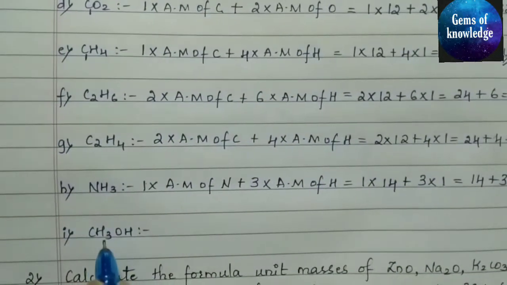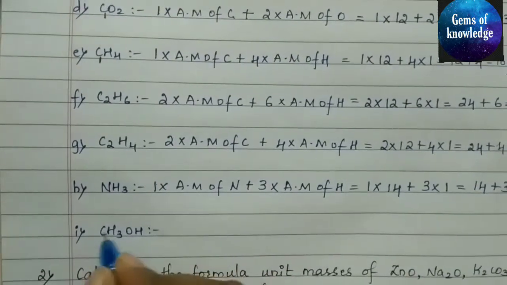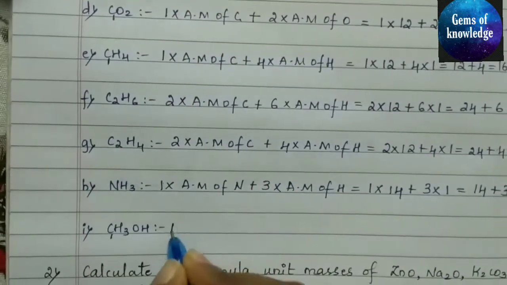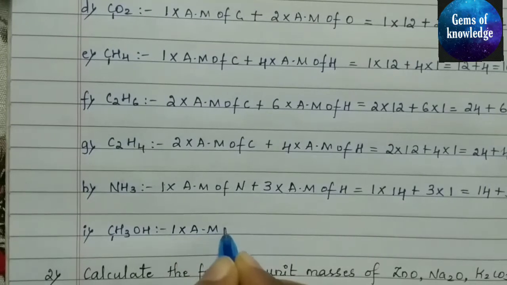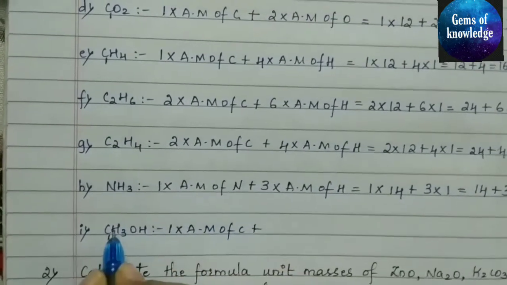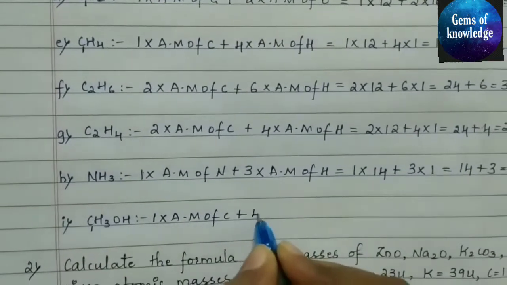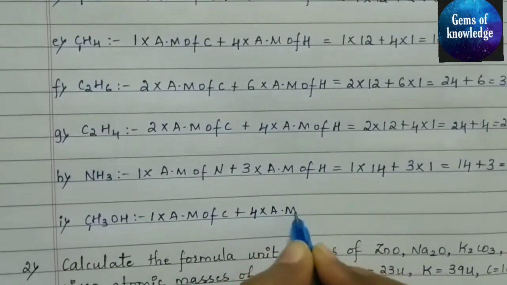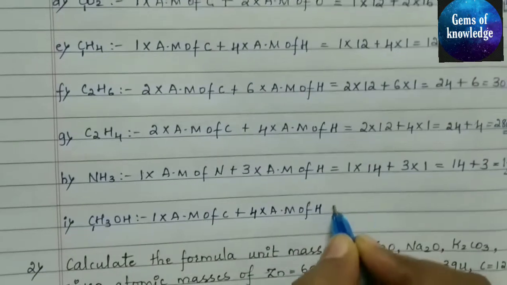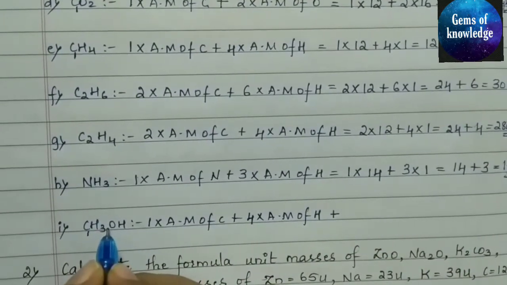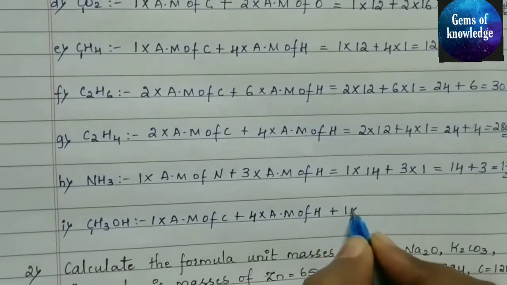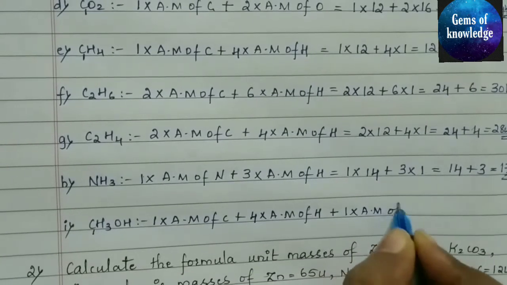Next you can see CH3OH is given. C is how many times? C is 1 time. So 1 into atomic mass of carbon plus you can see H is 3 times here plus 1 time. So we can write directly 4 into atomic mass of hydrogen, plus O is how many times? Only 1 time. So 1 into atomic mass of oxygen.